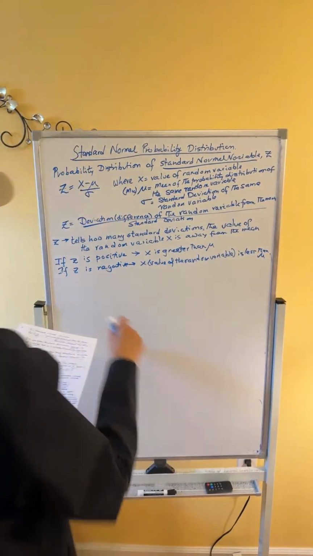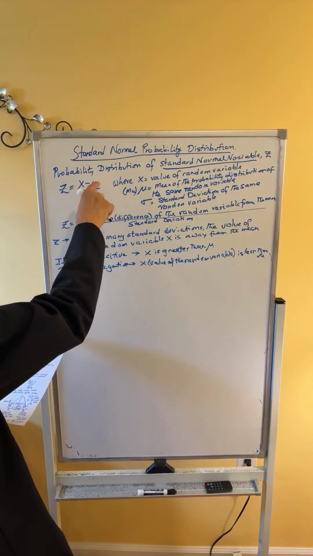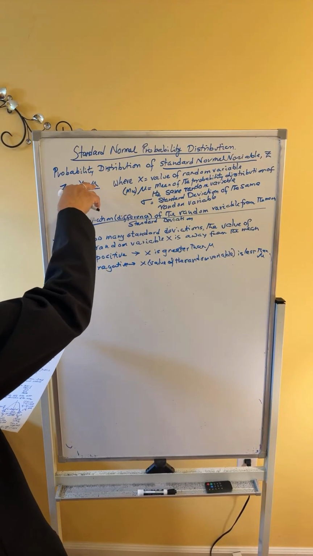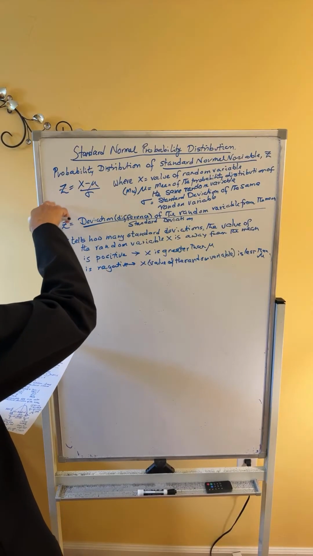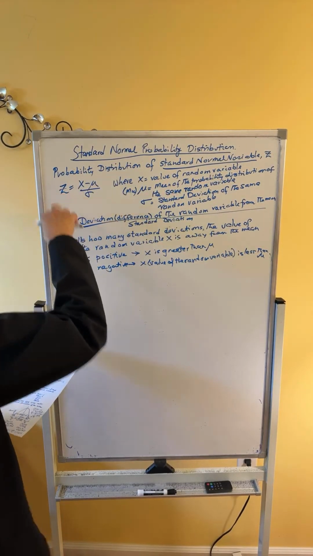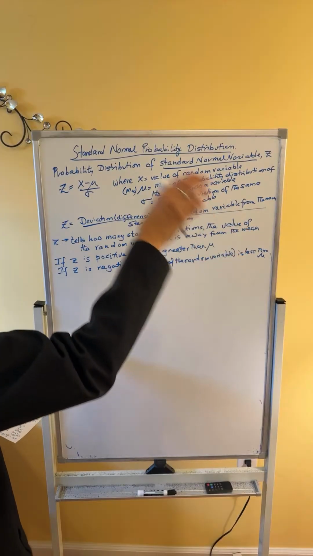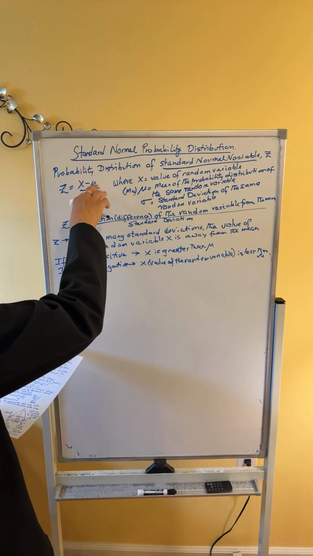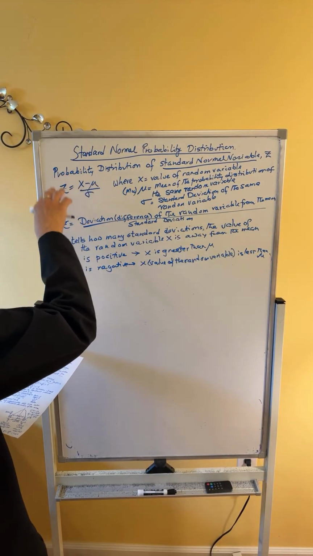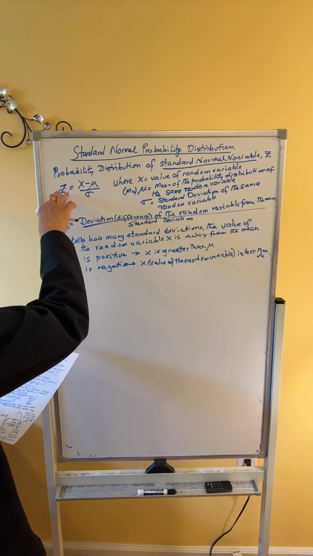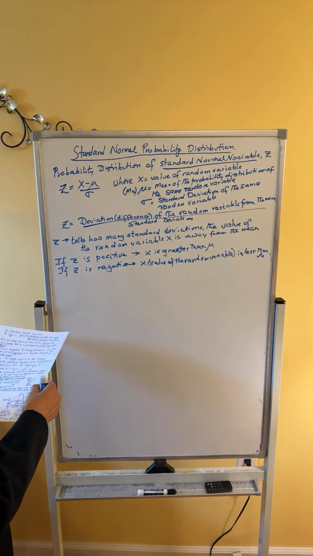As you can expect, if x is greater than the mean, then the numerator is positive, hence the value of the standard normal variable is positive. If x is smaller than the mean, the numerator is negative, hence the value of the standard normal variable is negative.